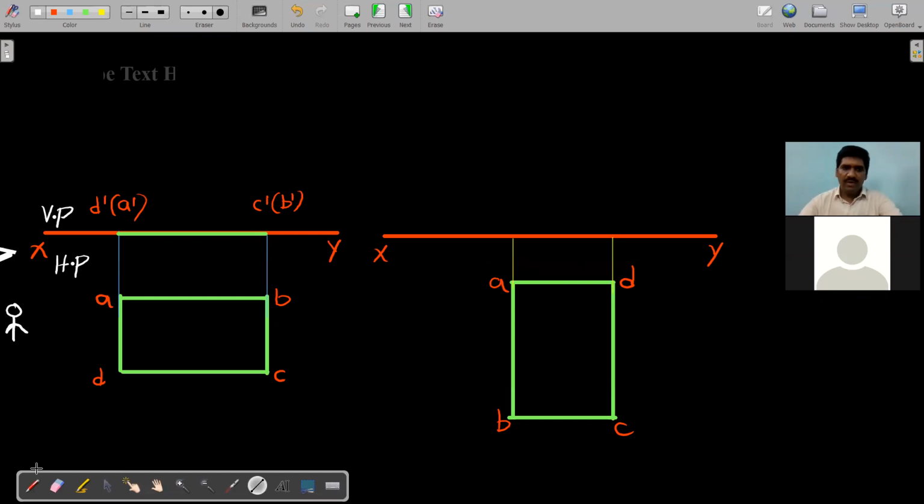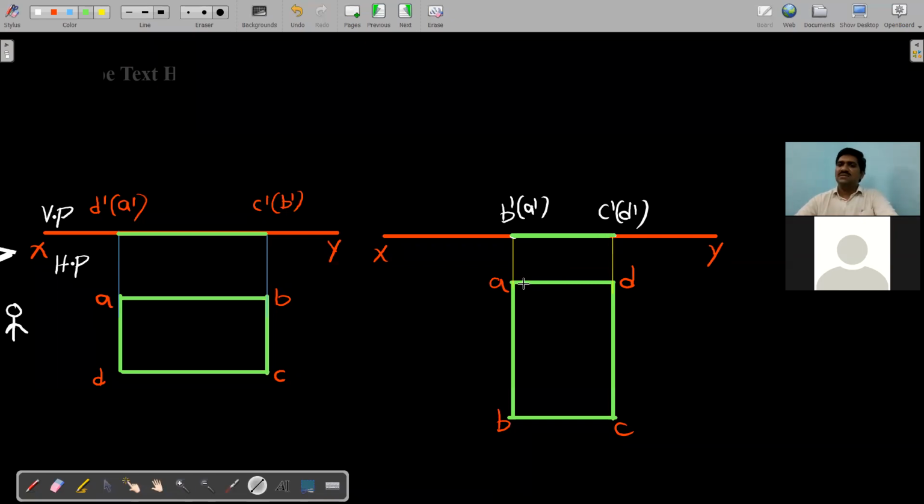Okay, so now tell me, all of you, this is the one, this is the two. Okay, can I say all of you that B dash of A dash is visible, at the same time C dash of D dash is visible? Am I right? Therefore, can I say that this becomes the front view or not? It's the front view, definitely. This is the picture, all of you.